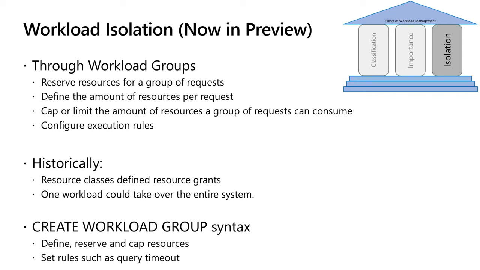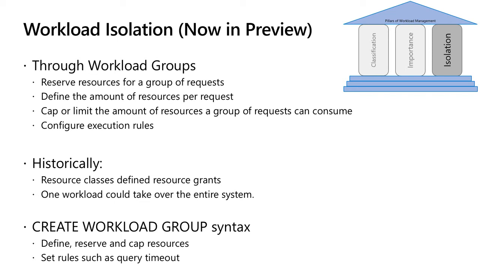Okay, so through the concept of workload groups, you can reserve and dedicate resources to requests. You can define your own amount of resources per request. Who here knows what a concurrency slot is? Who doesn't want to know what a concurrency slot is anymore? Okay, they're gone. Okay? We talk about resources now in the concept of percentage of overall system resources.